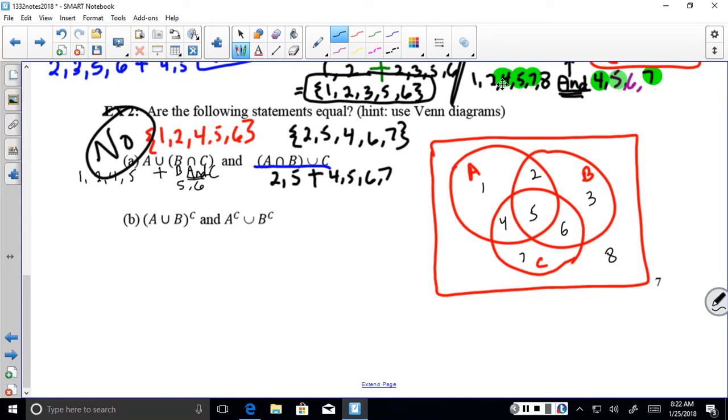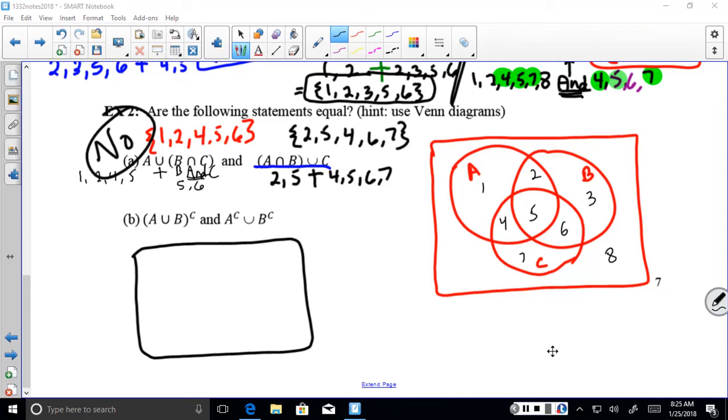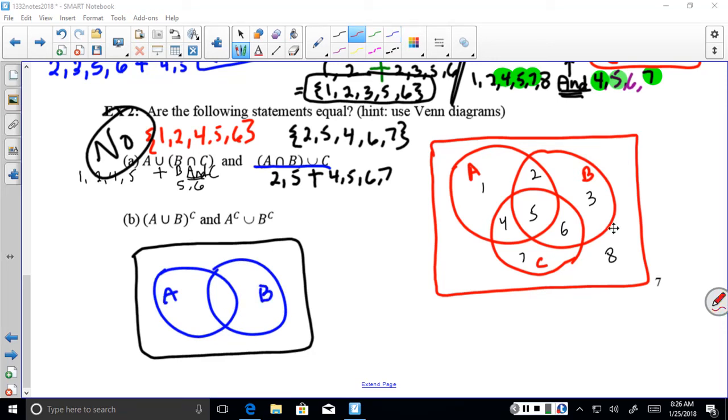This next one says A union B complement versus A complement union B complement. Are they equal? Look at a two-circle Venn diagram. We only have A and B, so I'm going to draw my A, draw my B. How many little parts or regions are inside a two-circle Venn diagram? 4. 1, 2, 3, 4.